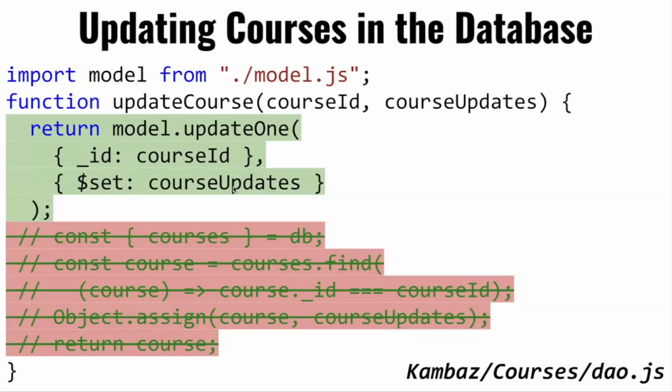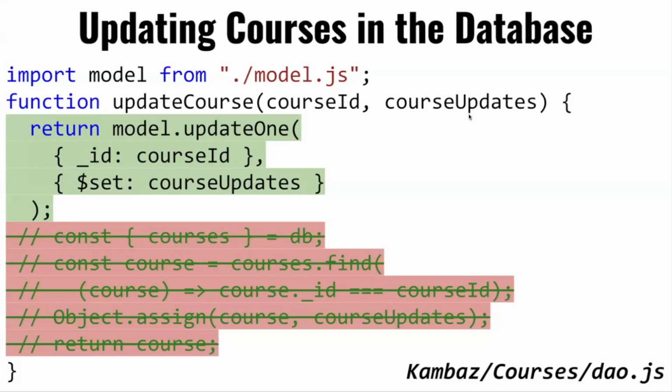So for instance, the course has quite a few fields. It has name, description, the starting date, ending date, how many seats. It might have half a dozen or a dozen different fields.